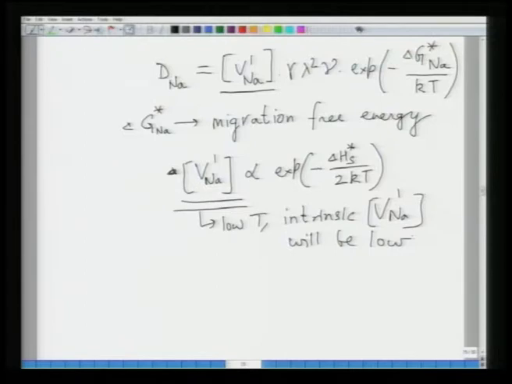What happens is that at lower temperatures the concentration of V_Na is determined by the presence of impurities.